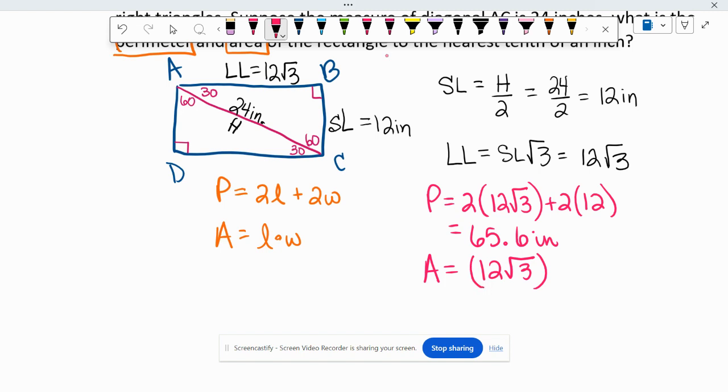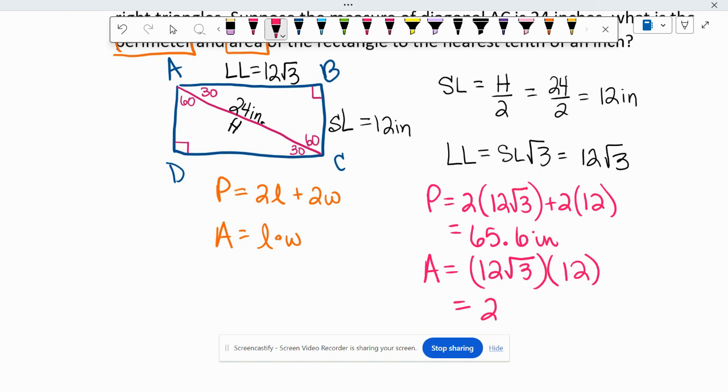When we find the area, we're going to take the length, which is 12 square root of 3, times the width, which is 12. What do you get there? 12 times 12 is 144, times the square root of 3. What did you get? 249.6?